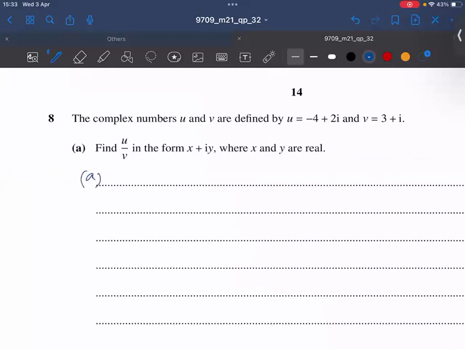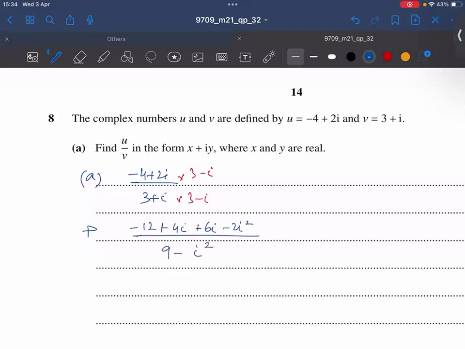So in part A, we are supposed to find u over v. So minus 4 plus 2i divided by v, which is 3 plus i. We multiply by the conjugate, 3 minus i over 3 minus i. It's going to be minus 12 minus 4i plus 4i plus 6i minus 2i squared, divided by 9 minus i squared.